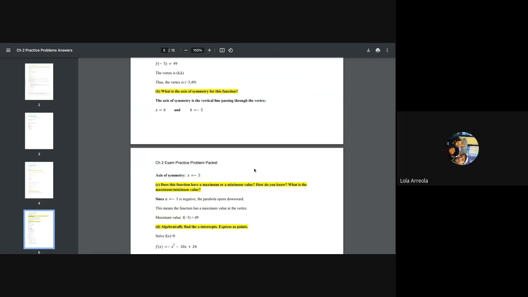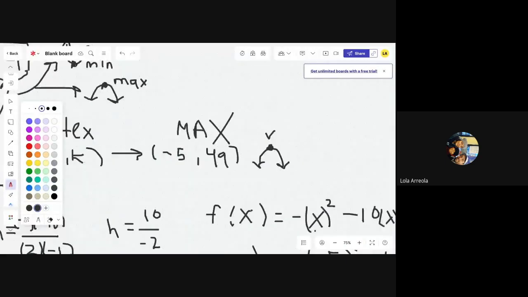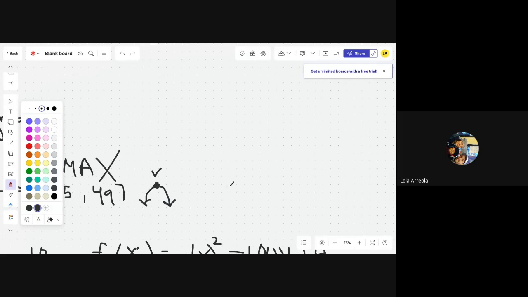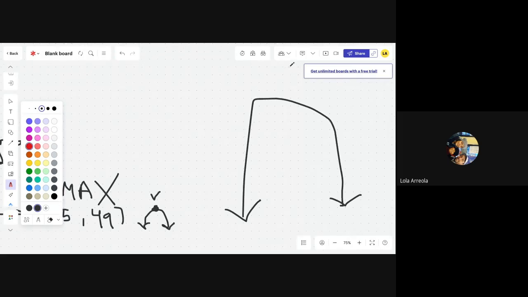Okay, what is the axis of symmetry like graphically? So if I were to graph the axis of symmetry, I'm going to draw the U a little bit bigger now. So I have a downward U. The axis of symmetry is just a line through my vertex. Okay, and again, in order to draw a vertical line, I have to have x equals a number.